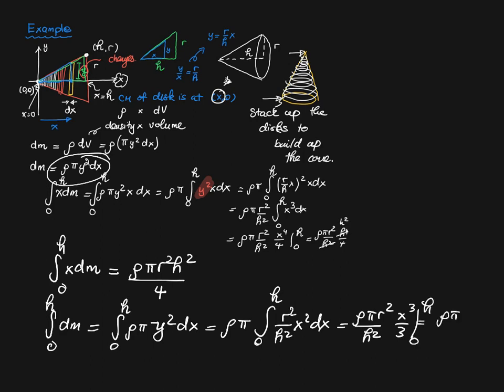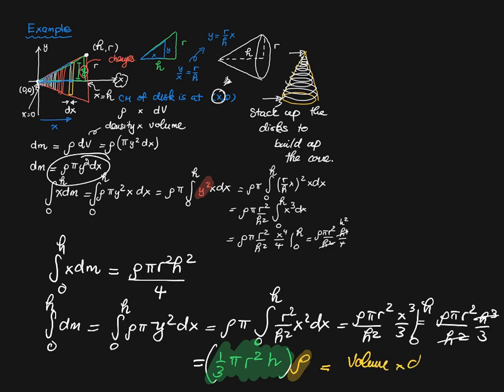So we've got rho pi r squared over h squared h cubed over 3. So the mass is 1/3 pi r squared, and you see that h squared cancels with h cubed, so we've got h times rho. There is no surprise, because this term here is the volume of the cone and this rho here is the density. So we get back to this relationship, volume times density, so we get the total mass.